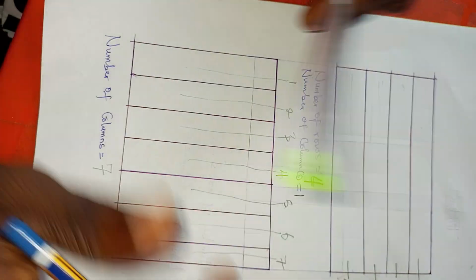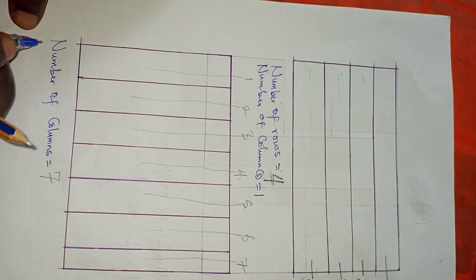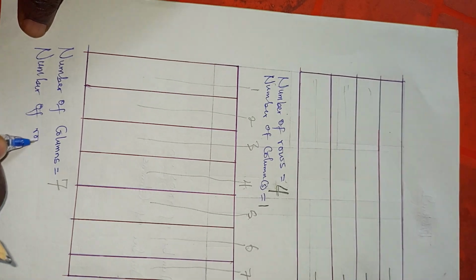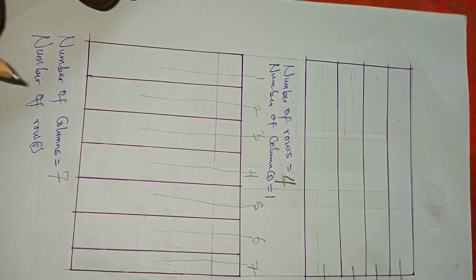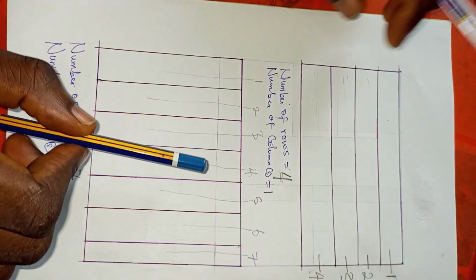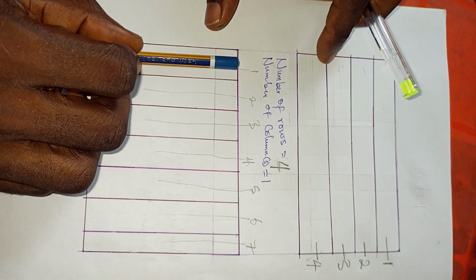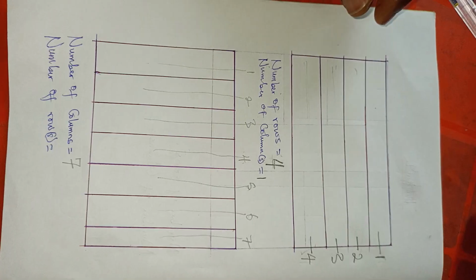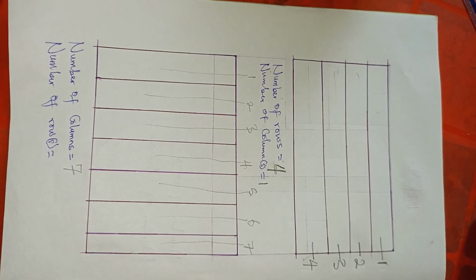If you are asked the number of rows here, it is just one, because you have just one horizontal space running through. And that is how it is for a table.